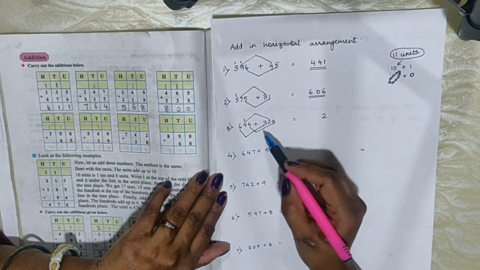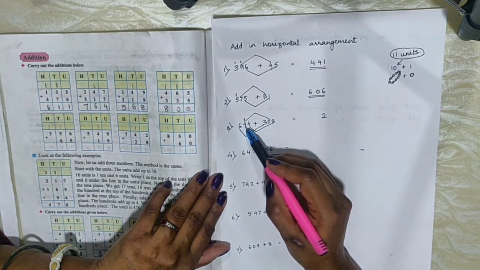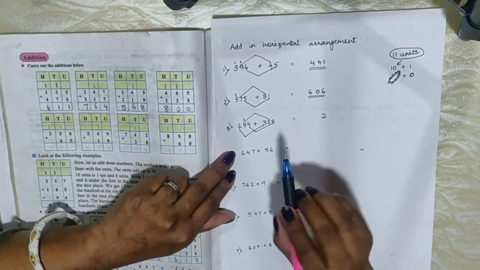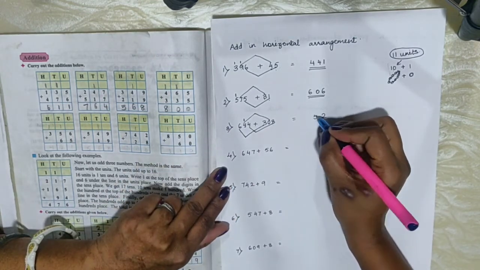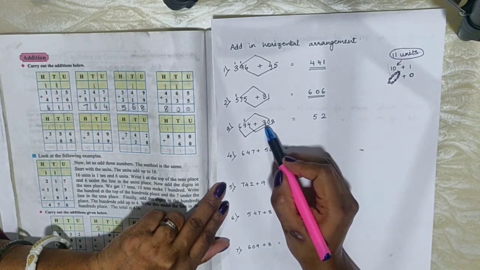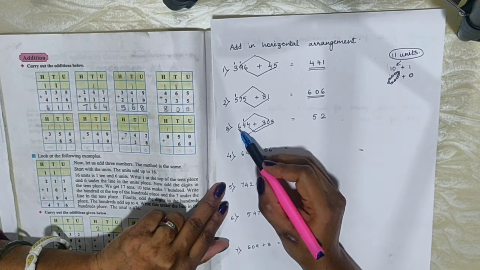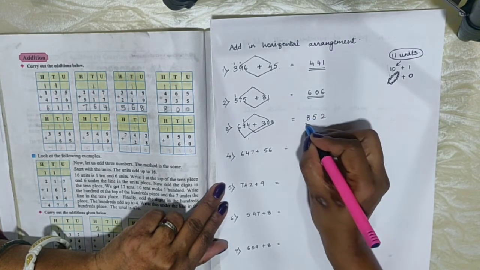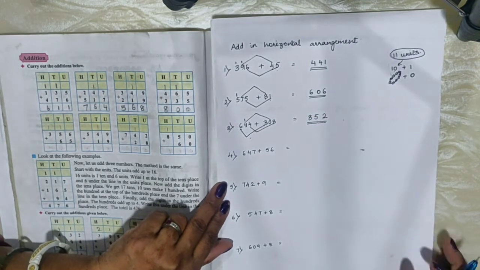Okay, so 4 plus 1 is 5. 5 plus 0 is 5. 600 plus 300 is 800. Okay?